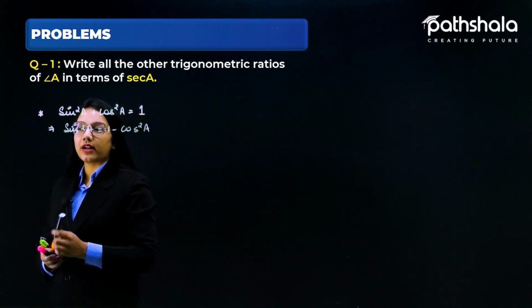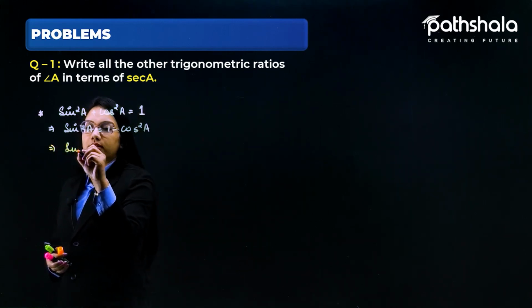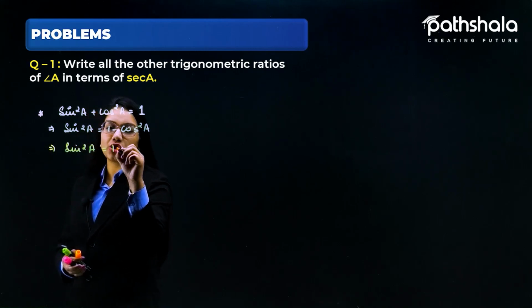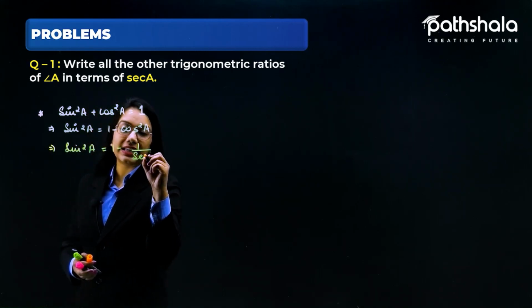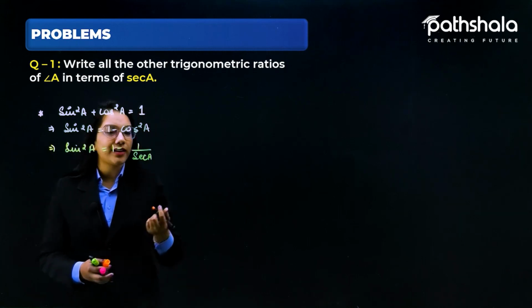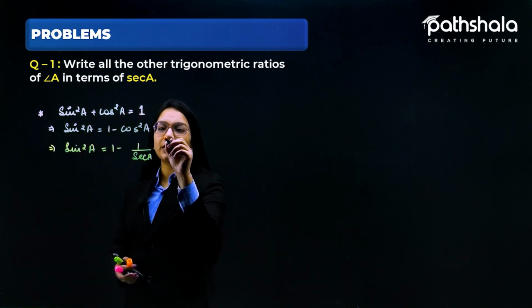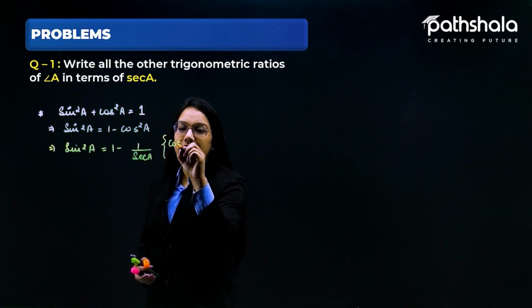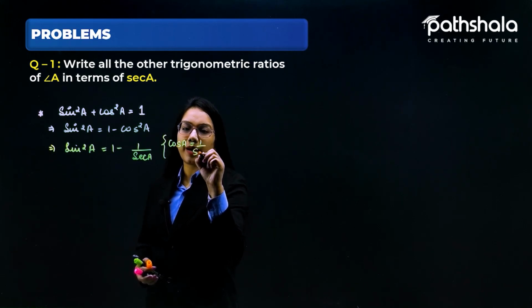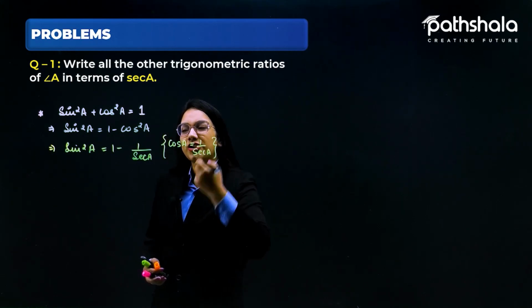Now we can convert cos square A into the form of 1 by secant A. Why so? Because we know that cos A is equal to 1 by secant of A. So we can write them in such a manner.